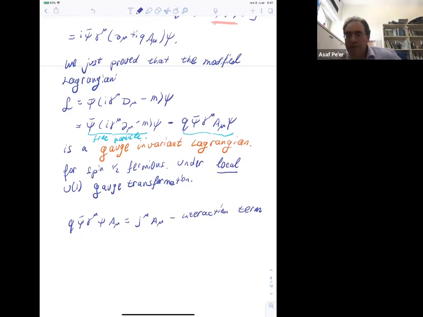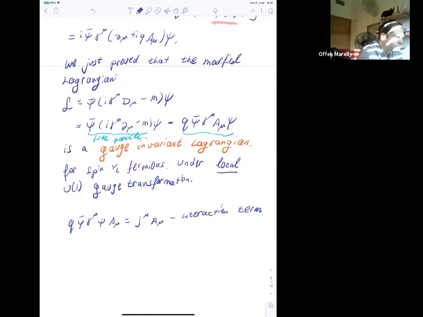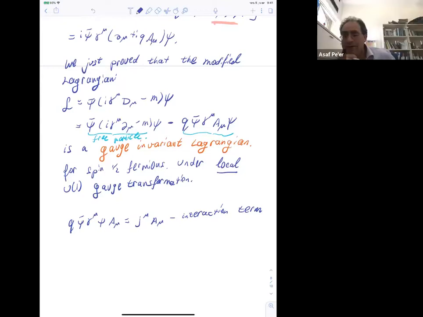What is j mu? The current? This is the current, right? This is the current associated with the fermion, right? And what is A mu? What is A mu?